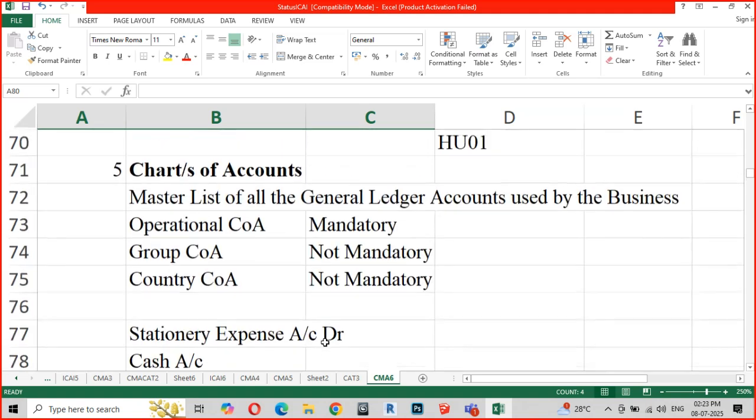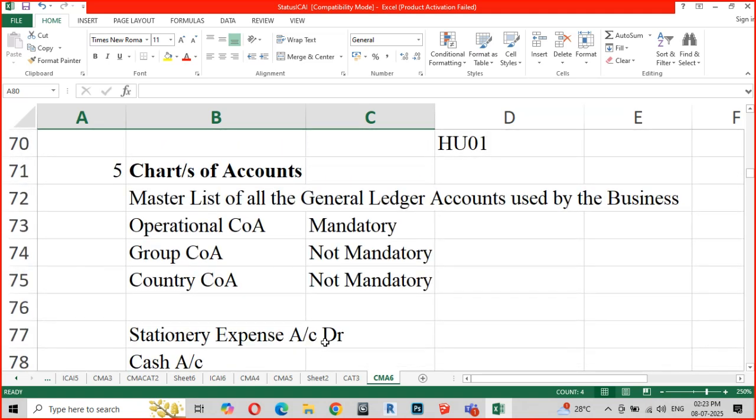So what is a chart of accounts? It is simply a huge list of all the general ledger accounts used by the business. I remember in one of my projects where we were taking care of a telecom company in the Netherlands, we had around 7,000 plus general ledger accounts used by that organization. The business was spread across 23 to 24 countries.